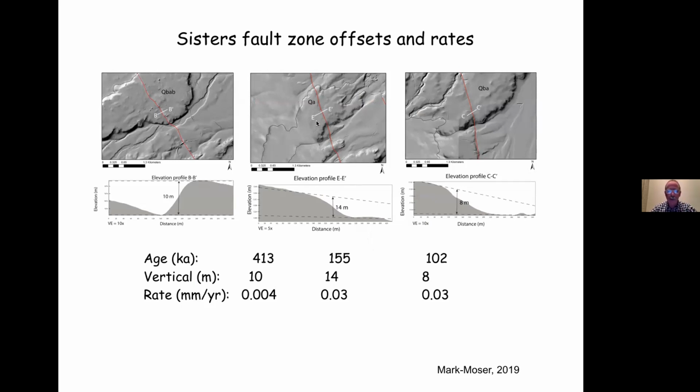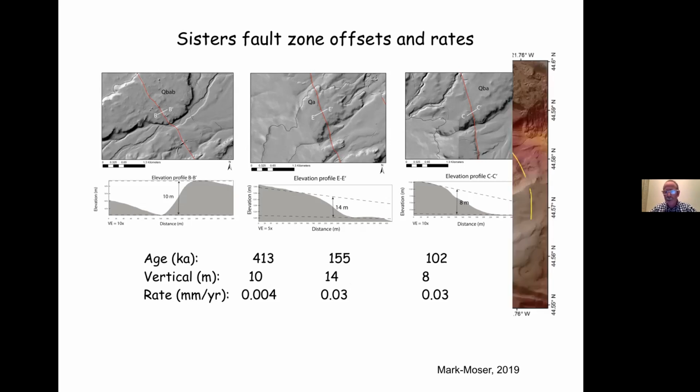For example, there's a suggestion of lateral offset right here on this margin of the flow, but when you go to this margin of the flow, it's more difficult to argue that there is a lateral component of offset. And yet there must be some lateral component because this fault system is nearly parallel to the velocity vector as indicated by geodesy. But again, these are very low slip rate faults. In Oregon, these are exciting. In California, they don't even catch the attention of anyone.